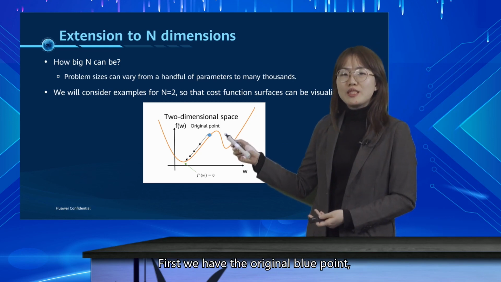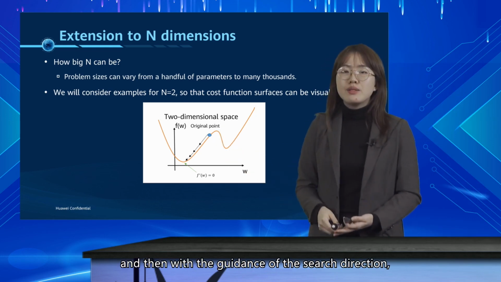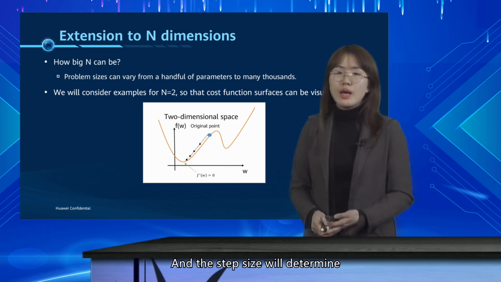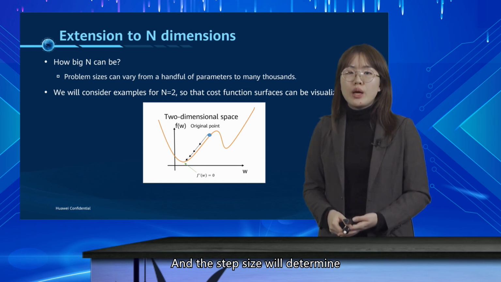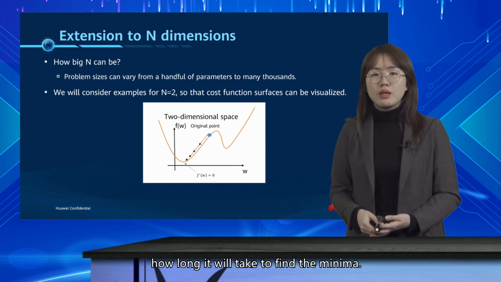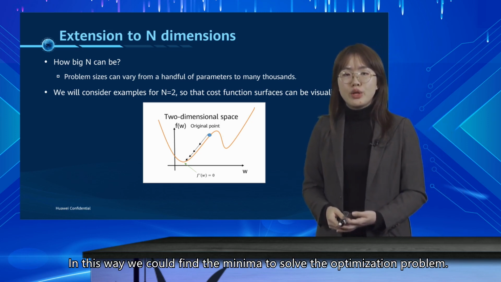First, we have the original blue point, and then with the guidance of the search direction, we can go downstairs. And the step size will determine how long it will take to find the minima. In this way, we could find the minima to solve the optimization problem.